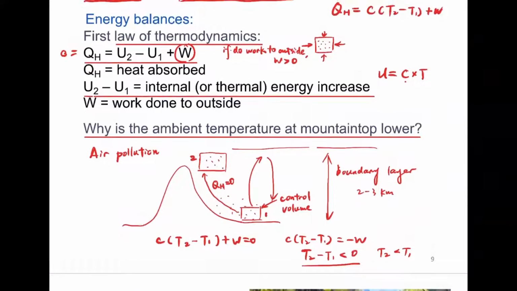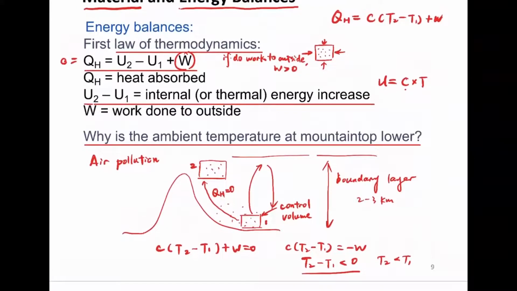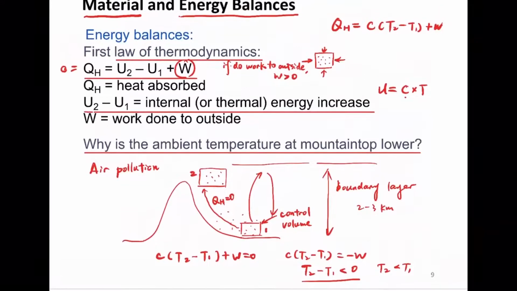But there are some exceptional scenarios. Let's say, instead of a normal mountain, we have a heat source at the top of the mountain, okay? Which means that the temperature at location 2 becomes higher than T1, okay? So let's say we have a coal-fired power plant or a nuclear power plant at the top of the mountain, right? If we enforce this reversal of the temperature, what that means is that the air is not going to move freely up, okay?